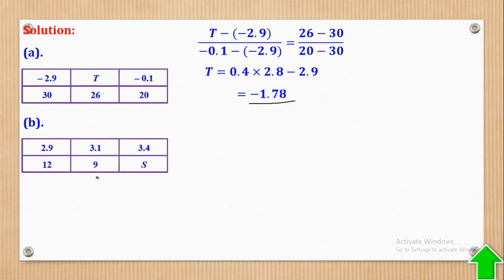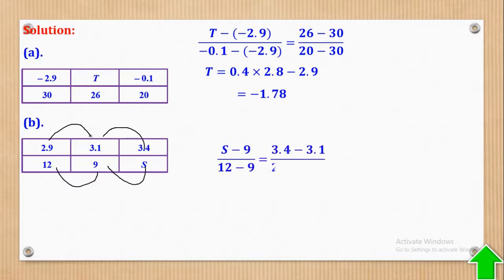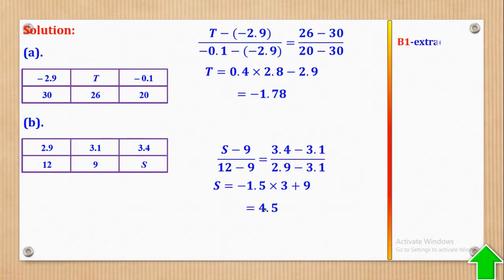Then we look at these two values, there is 9 and there is 12. When making our ratio, it will be s minus 9 divided by 12 minus 9. Then up here it will be 3.4 minus 3.1 divided by 2.9 minus 3.1. Then next is to make s the subject, and s will be equal to 4.5. So basically that is what they wanted.